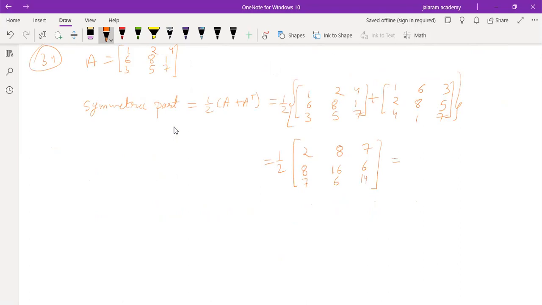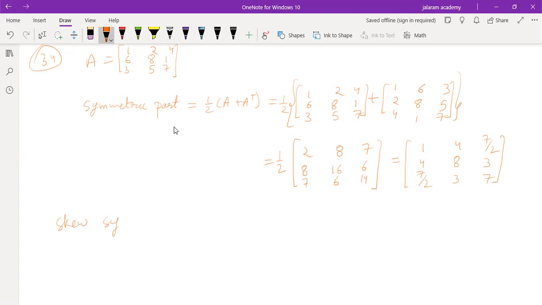And now multiply each element by half: 1, 4, 7 by 2, 4, 8, 3, 7 by 2, 3, 7.